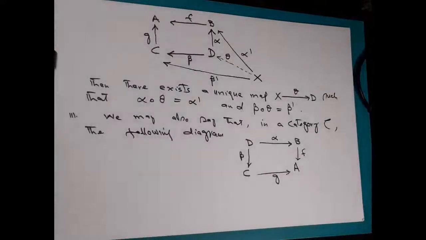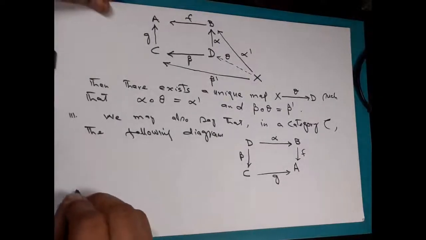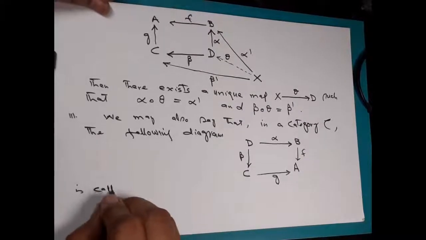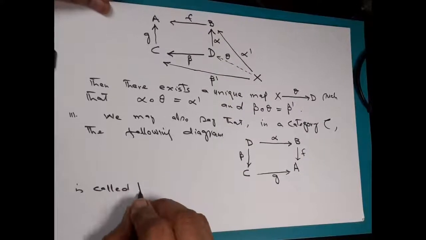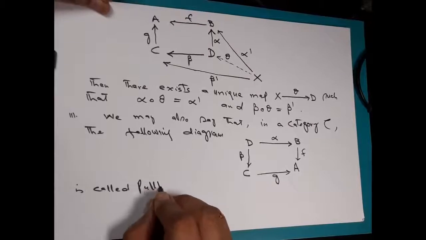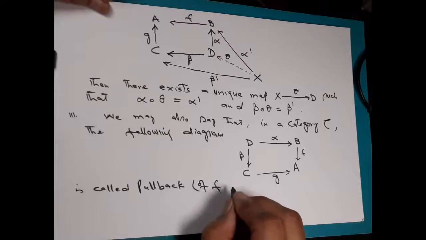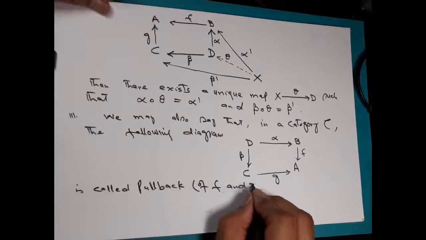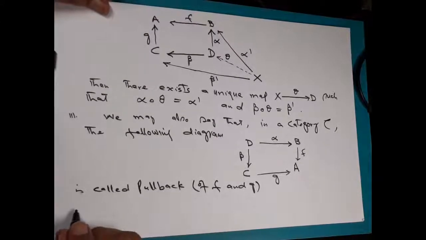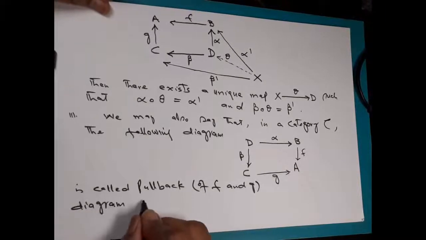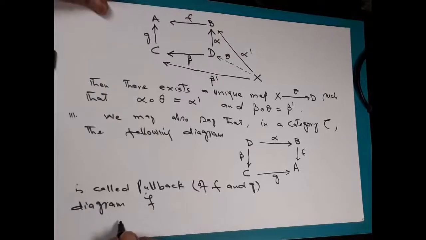So the following diagram is called the pullback of F and G diagram if the same two conditions hold.